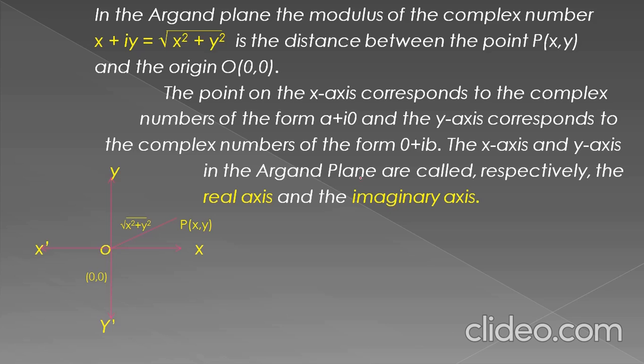So in the Argand plane, the x-axis is called the real axis because every point on it is a real number, and the y-axis is called the imaginary axis because every point lying on it is an imaginary number. So the x and y axes are respectively called the real axis and the imaginary axis.